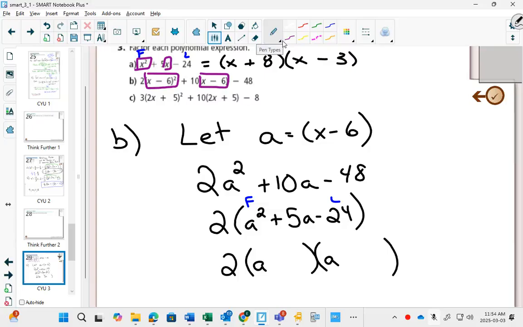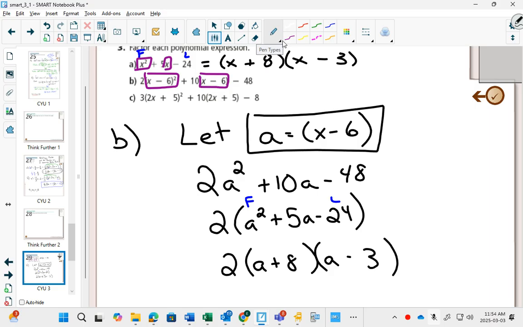Do you see that it's the same? A squared plus 5A minus 24. I mean, it's got x and this has got A. But I could just cheat because I already did that in part A and factor it. So now we factored it with A, but we let A equal x minus 6.